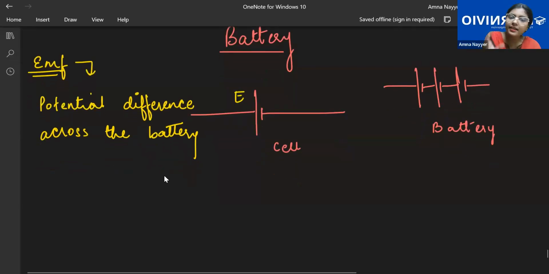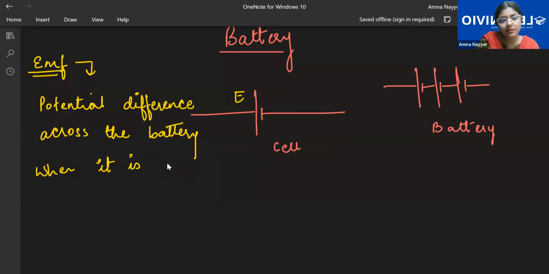The difference lies in the fact that this is the potential difference when the current is not drawn, meaning when the battery is not being used. When it is not in use, that's what we call the EMF, meaning you will get the actual value of the potential difference of the cell.